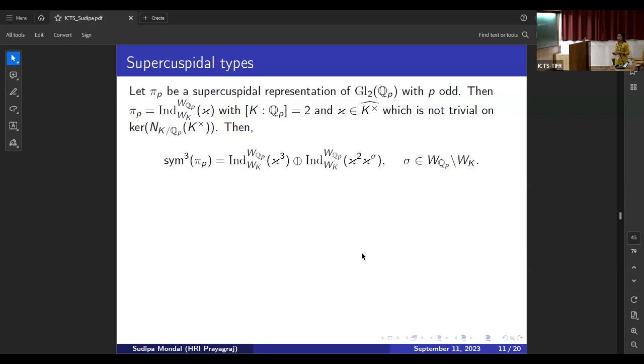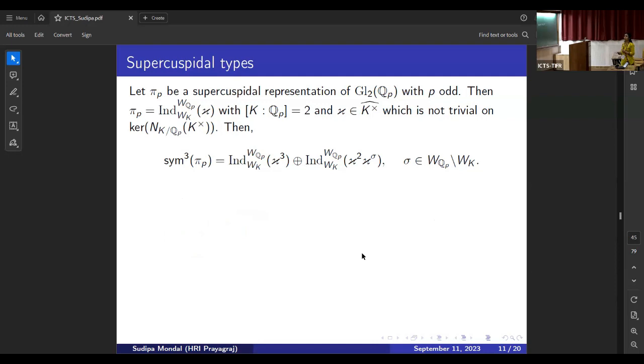Now, if I do the symmetric cube transfer, this is Sym cube phi p, but I have written it here as Sym cube pi p. So on the Weil side, if I do the calculation, it can be shown that this will be some two-dimensional representation. And from the irreducibility of this representation, we'll get that this representation is always irreducible, but this one may or may not be.